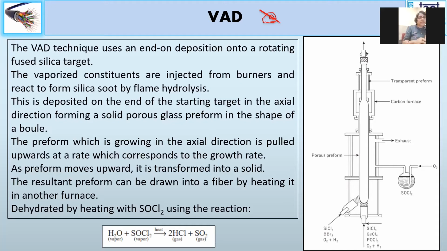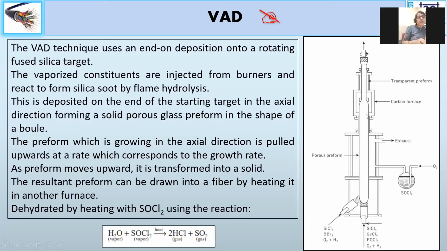Now, in this process you have the cooling and exhaust also taking place, because silicon gas is continuously released when these reactions take place. Once it is pulled, the gases are exhausted, and this gas is used as the coolant.